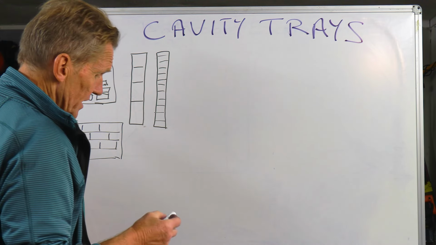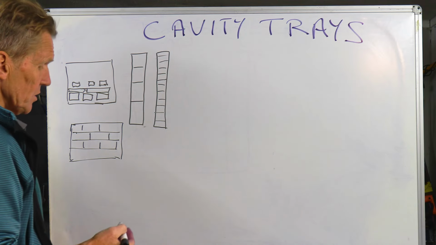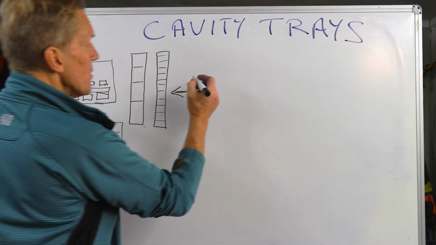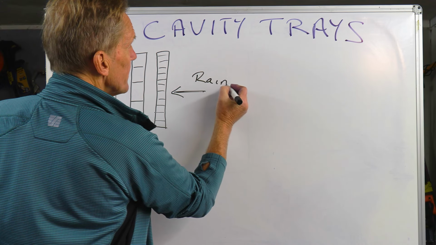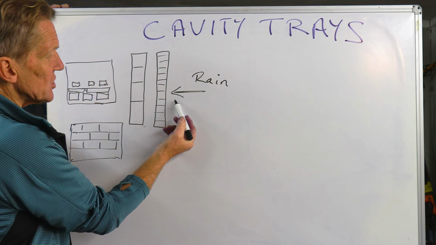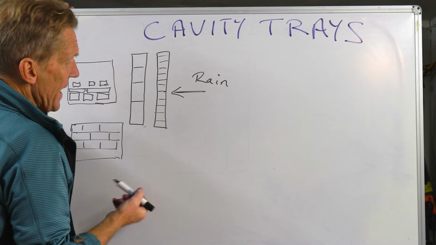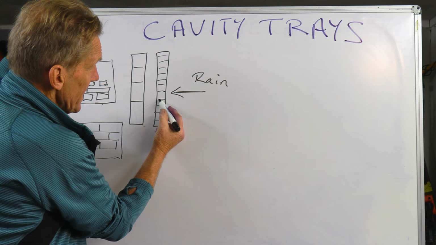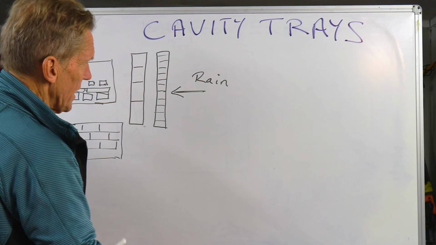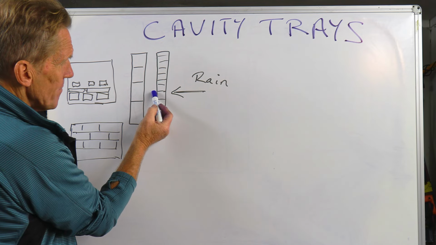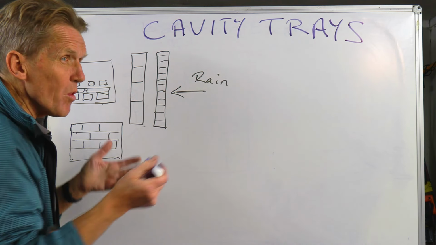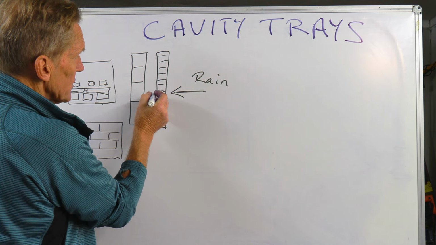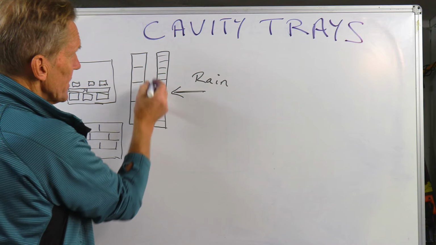The other reason that cavity walls came in was because you had this little thing that we all know and love in England, which is called rain. And the rain beats down upon the brickwork, and if it's in an exposed position, in the end the droplets of water come through the mortar courses or the brick itself, but one way or another they penetrate, and then you get little drops of water appearing on the inside.